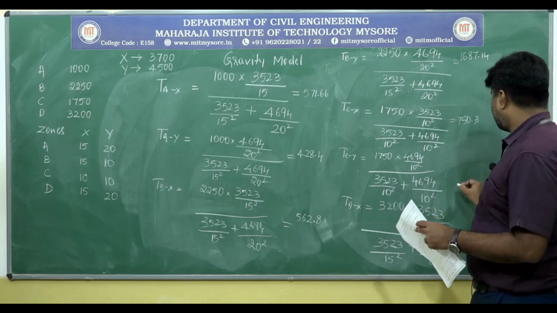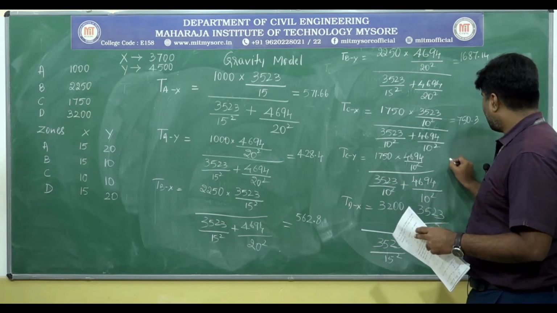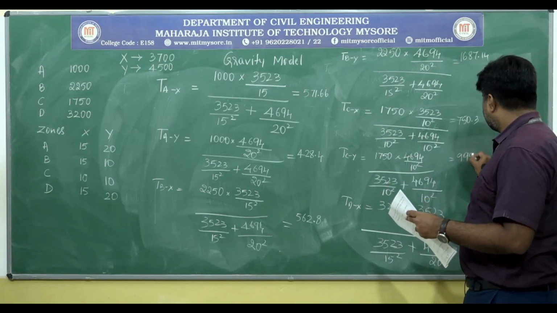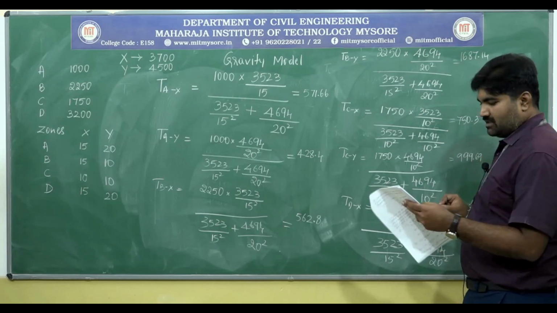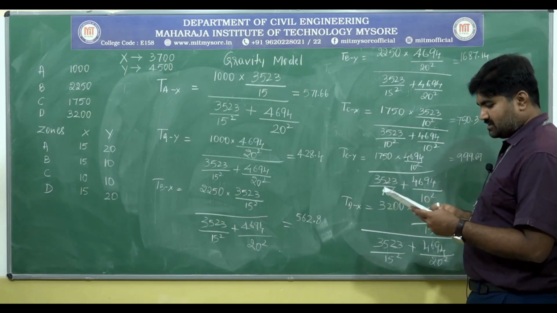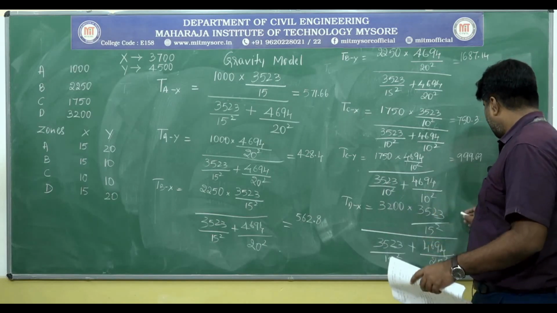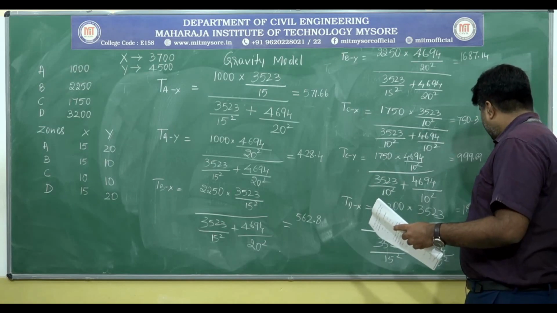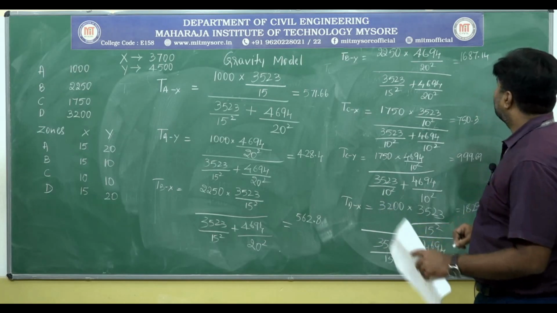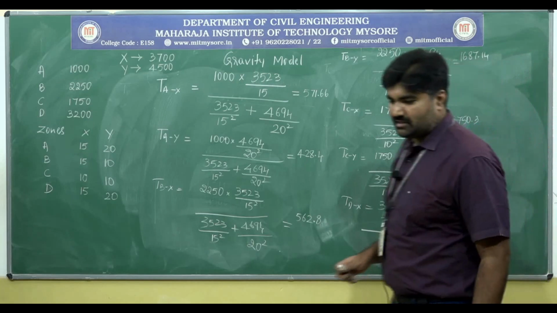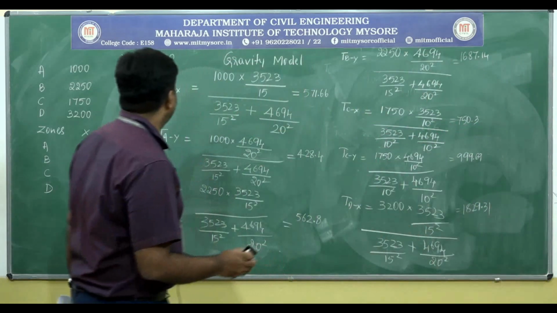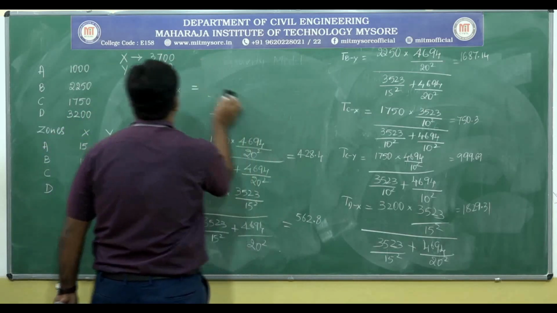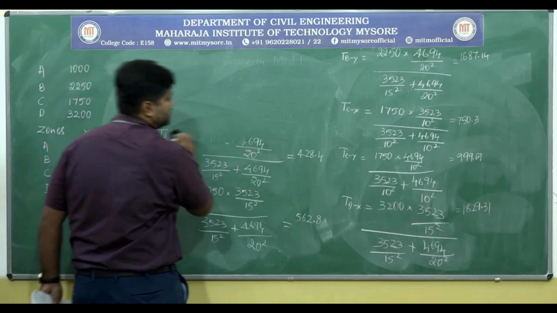C to Y I got 999.69. Lastly, D to X will get 1829.31. Lastly, D to Y is remaining.